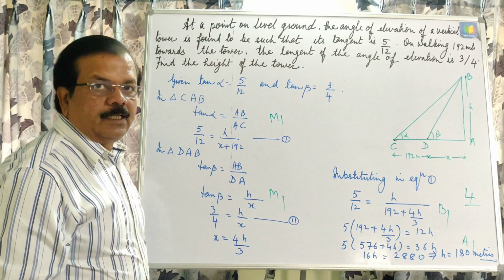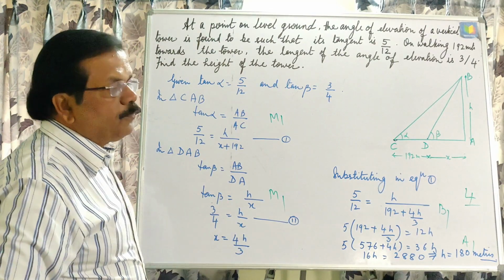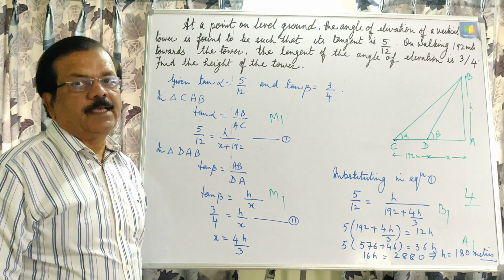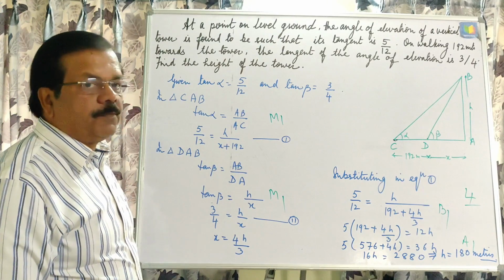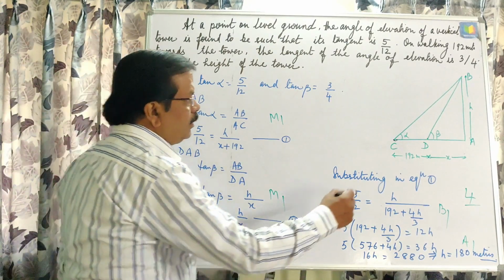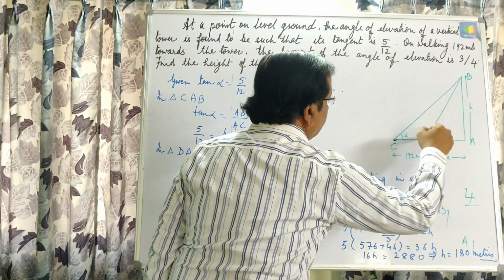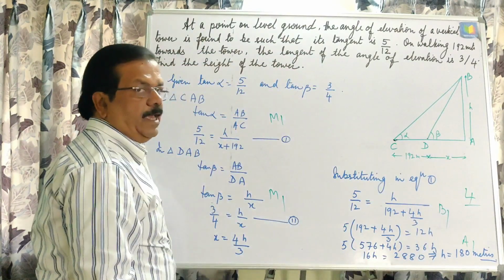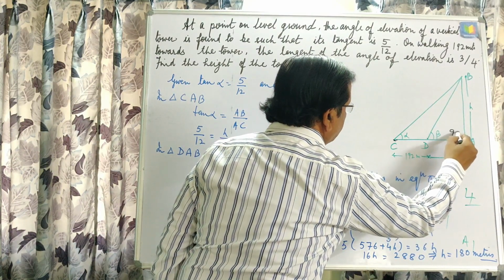So again, following the same way, we will try to find all possible right angle triangles so that we can use trigonometric ratio. Now here you can see one right angle triangle is BCA, another right angle triangle is BDA, and this is obviously 90 degree, okay?